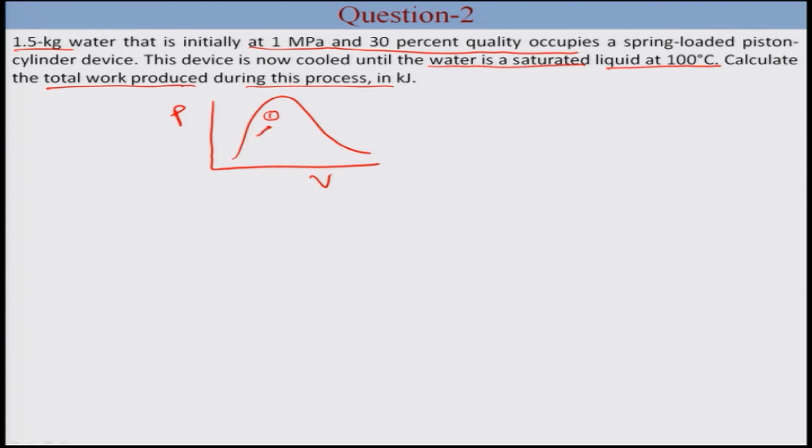So it will cool down to this state 2, because this is a saturated liquid. So we have to calculate total work produced during this process, and here we assume that the process is quasi equilibrium. Okay, so the total work produced in this process would be area under this line. So W total will be area of this shaded region.